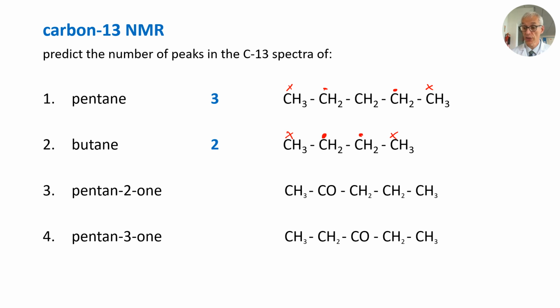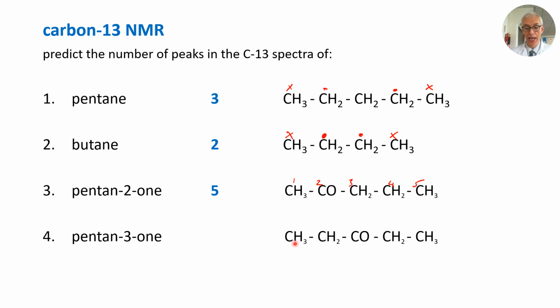Now if you need to pause before I go through pentan-2-one and pentan-3-one and rethink your ideas, please do so. Otherwise I'm going to proceed. So pentan-2-one, we've got our carbonyl group positioned here. So this carbon is at a different distance from the oxygen compared to this carbon. So there are no chemically equivalent carbons within that molecule. So we have 1, 2, 3, 4, 5 different chemical environments, and therefore 5 peaks.